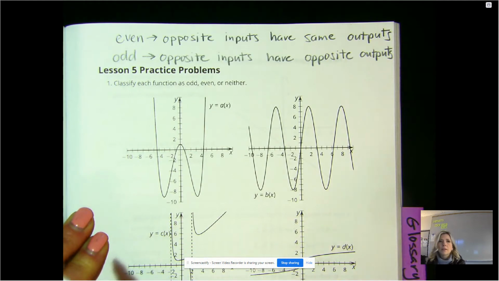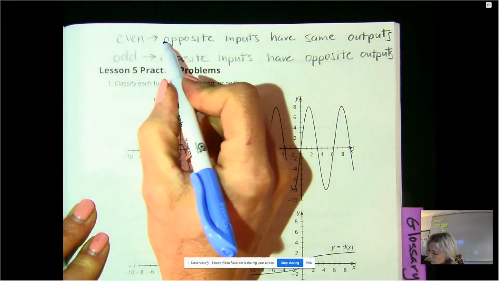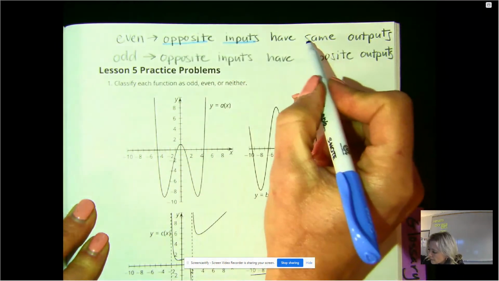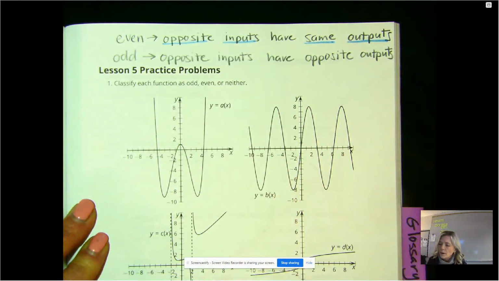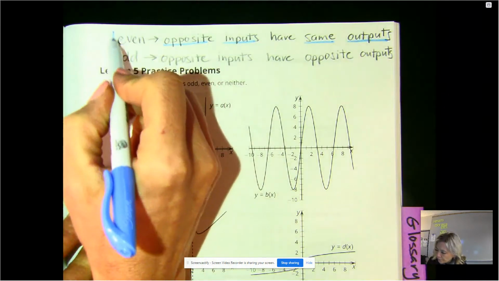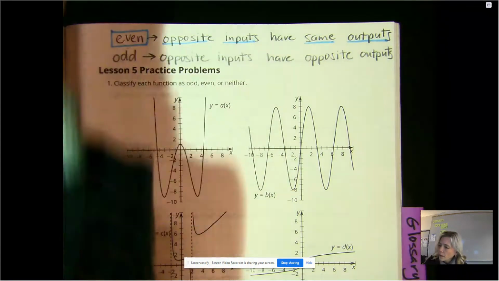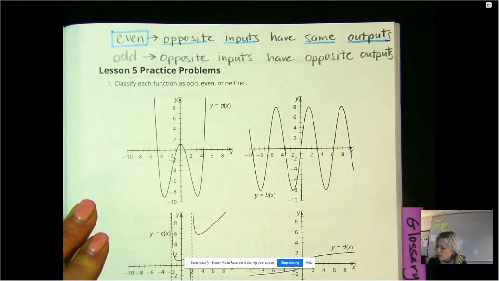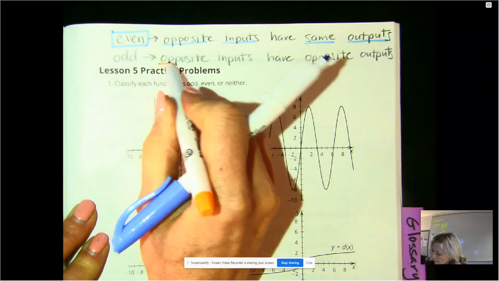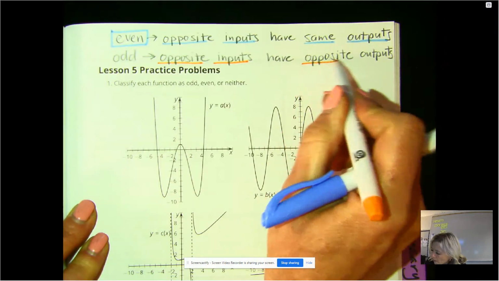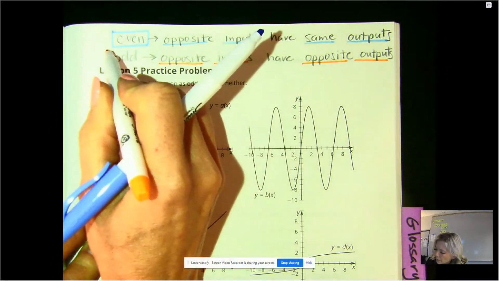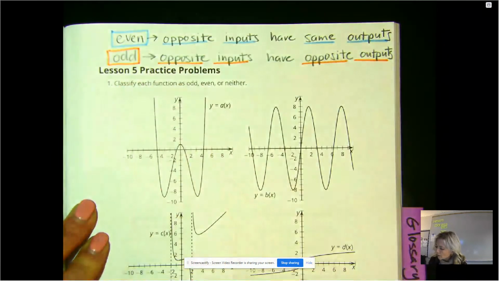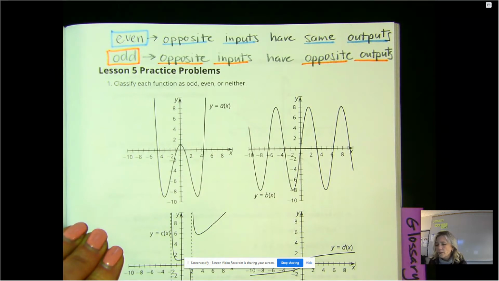The big idea is that in even functions, opposite inputs have the same outputs, whereas in an odd function, opposite inputs have opposite outputs. Okay?